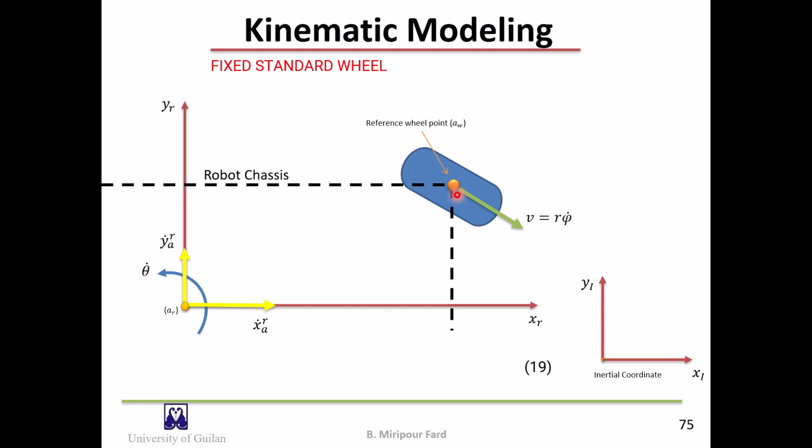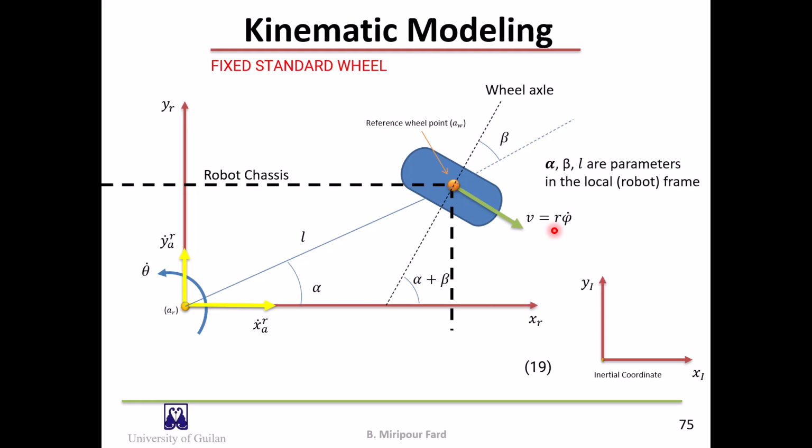Its velocity equals r times phi dot. R is the wheel radius, and also we consider some geometrical parameters like L, alpha, and beta, and these parameters are in the local robot frame.